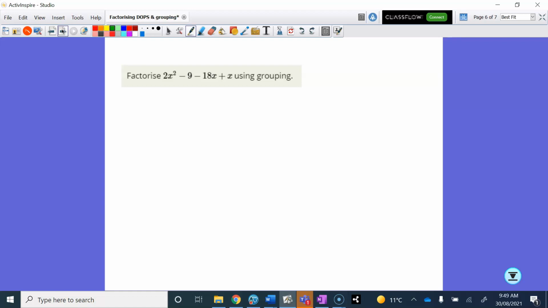But what we can do is actually rearrange this. So if I wrote it 2x squared minus 18x plus x minus 9, all I've done is rearrange the terms, so I haven't done anything really to it just yet. Now it seems that there might be factors here that I could do something with.